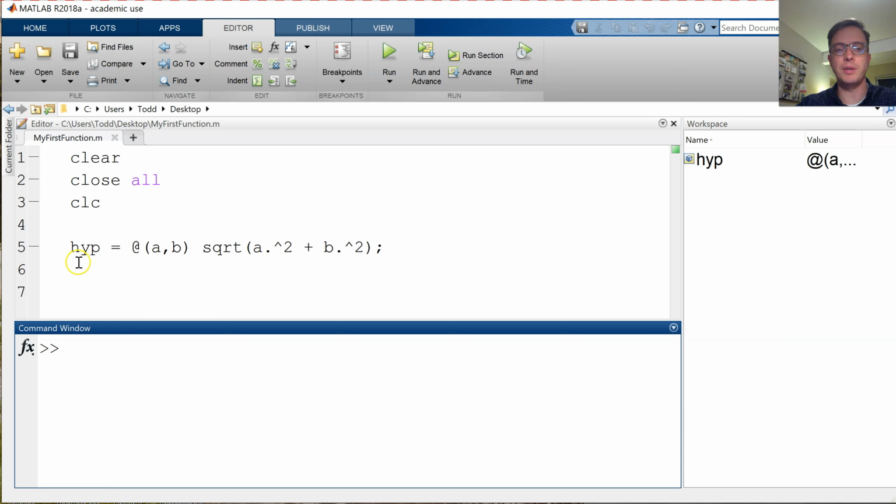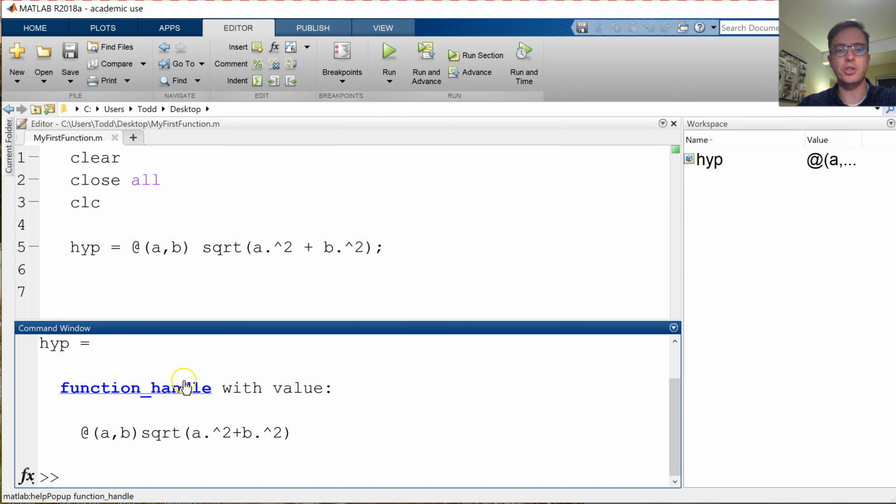So this hyp is not a number or a list or a matrix or anything like that. If I type hyp in the command window, what it will tell me is function handle with this value. So that means that's the name of the function. I can't do anything with that, right? Except I can call it. I couldn't type something like hyp plus 2.